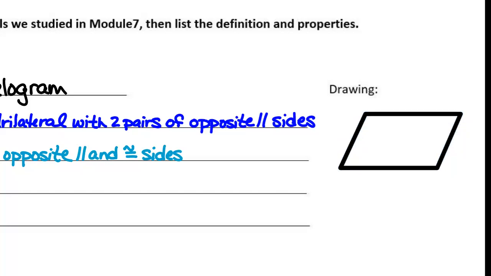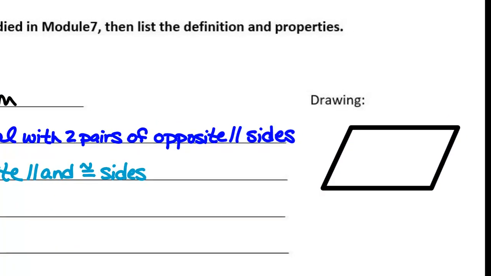All right, so here's my parallelogram. Opposite sides are parallel and congruent. So the left and the right are parallel and congruent. And then the top and the bottom are parallel and congruent to each other.